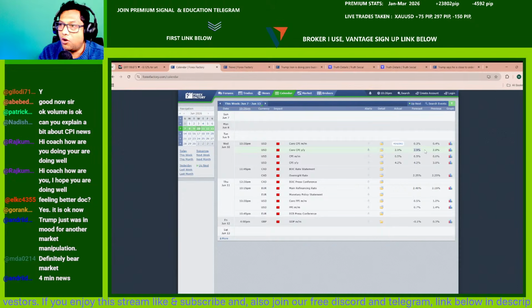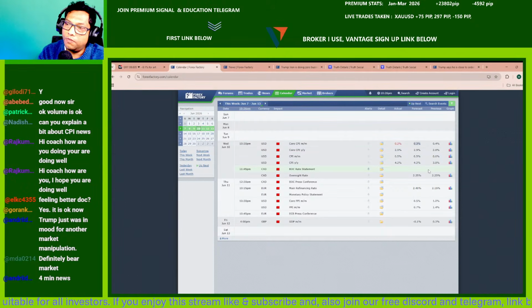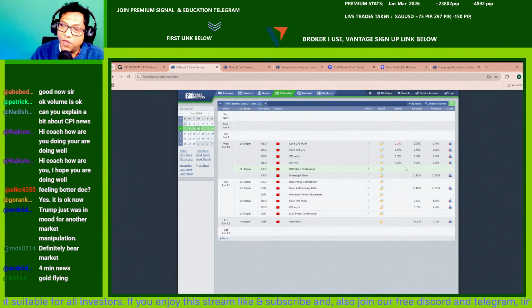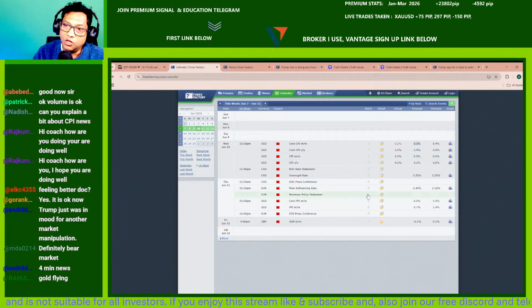and core CPI also 2.9 forecast, actual 2.9. The remaining one is core CPI MM at 0.2, where the forecast was 0.3. So four of them show equal, and one is 0.2 against a forecast of 0.3.